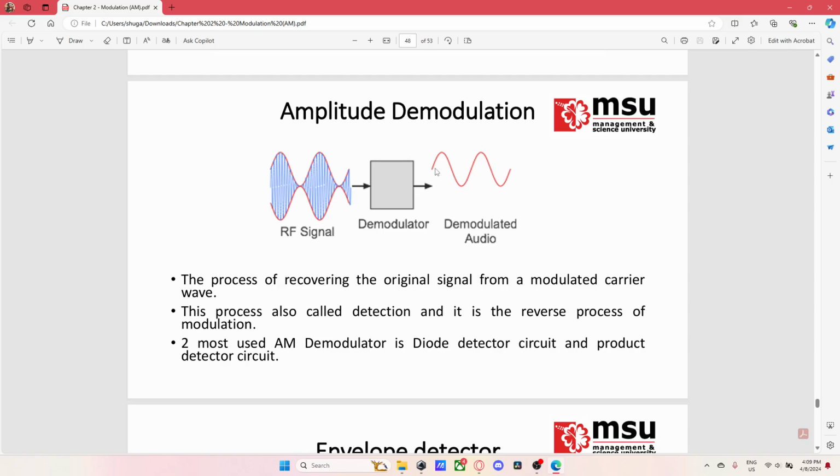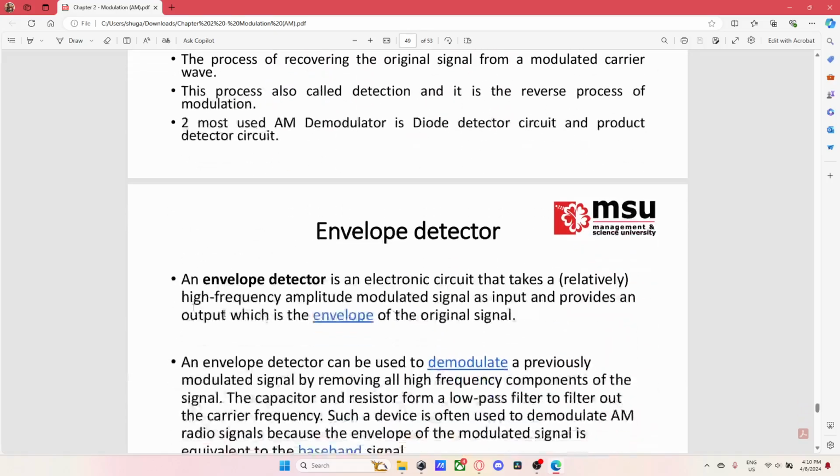That is what demodulation does. It is also called detection, and it is the reverse process of modulation. The two most used AM demodulators are the diode detector circuit and the product detector circuit.